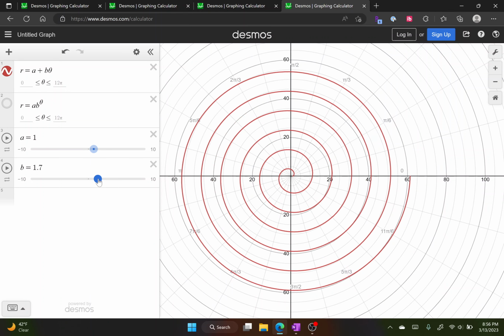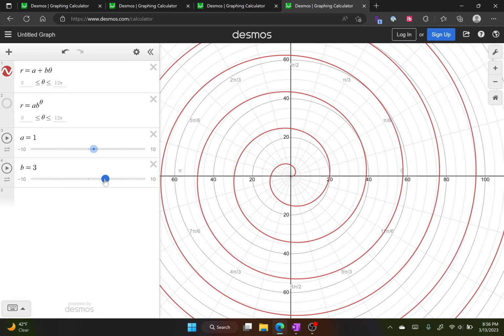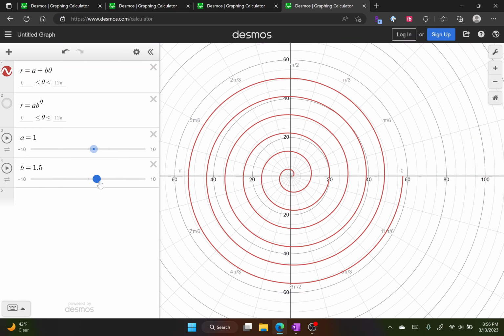We just multiply b by your theta value, and that's going to cause the change in the size between each ring of the spiral. And it's going to be a constant multiplication there, which looks just like the equation, which is linear, which has a constant rate of change.